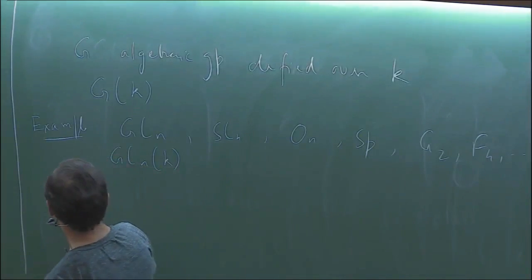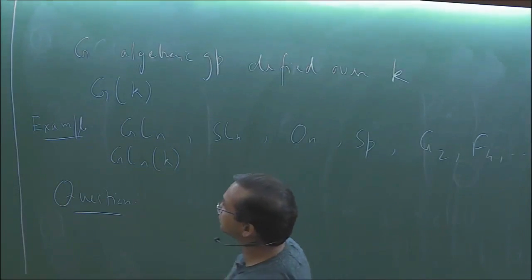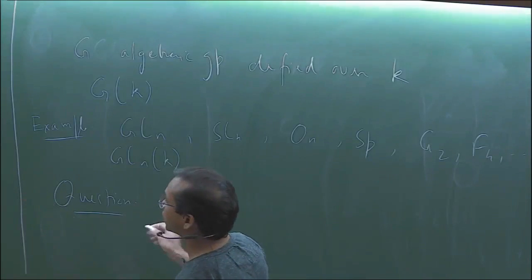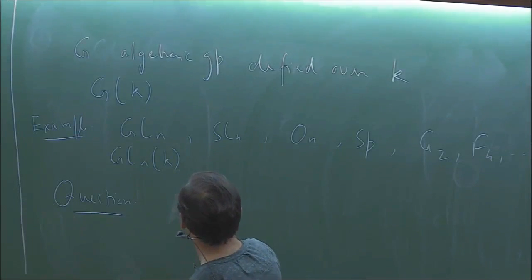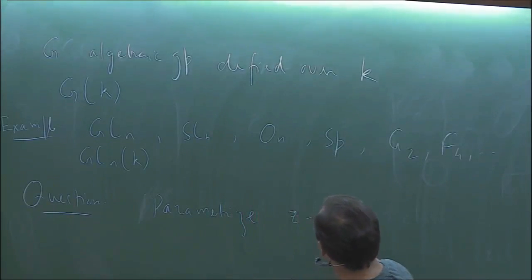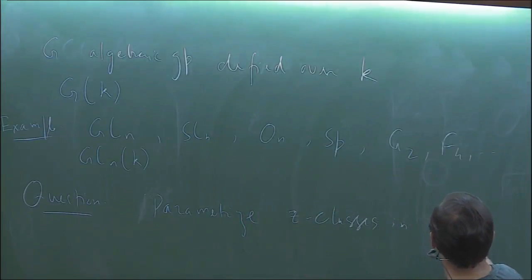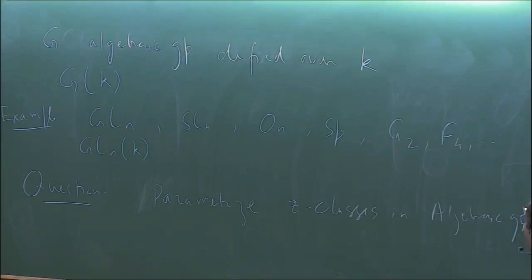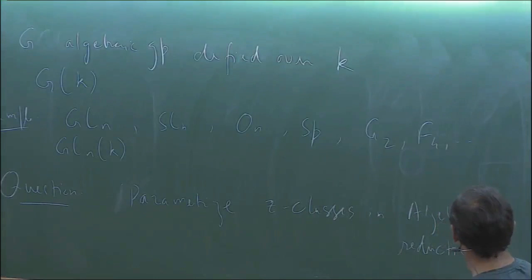Okay, so here's a question. The earlier question I had asked is to parameterize G-classes in algebraic groups. I'm going to be interested in, let's say, reductive groups. There is an interesting theorem of Steinberg, which I wanted to point out here.